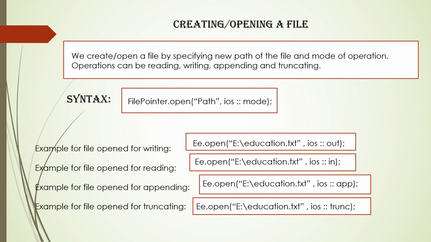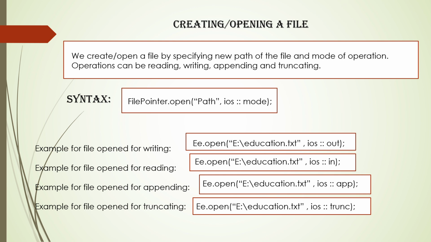And if in appending mode, that is, you want to add something at the end of the file, then for that purpose we use append mode, and for that it is ios scope resolution app. For truncating, that means if you want to remove some content from the file without deleting the file, then for this purpose we can use truncating mode, and for that ios scope resolution trunc.